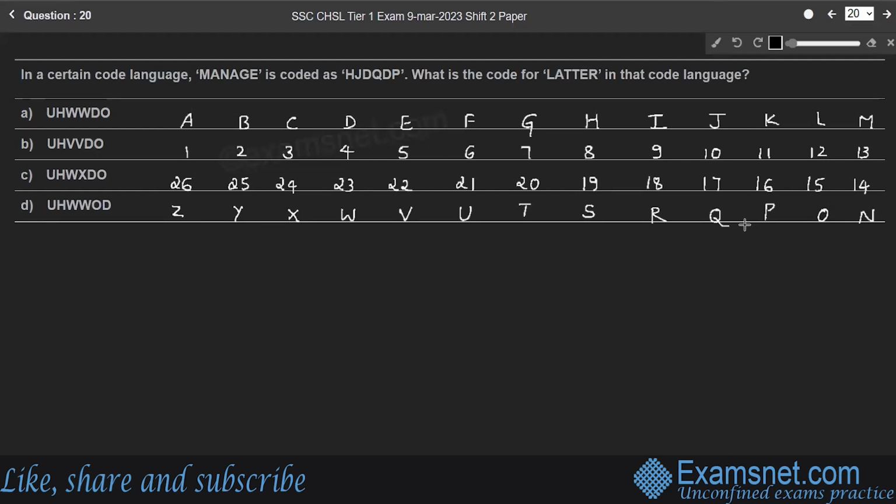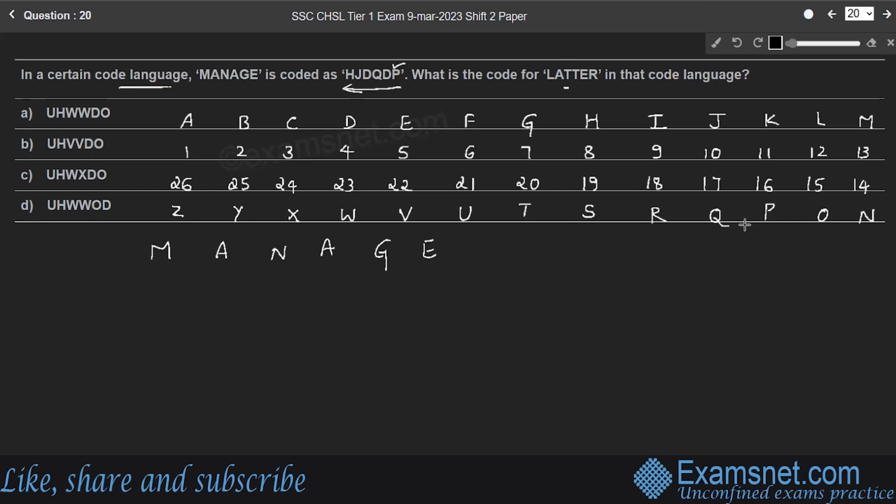Question 20. In a certain code language, MANAGE is coded as HJDQDP. What is the code for LATTER in that code language? Here, students, MANAGE is written as M-A-N-A-G-E. Here M is coded as P, so this code is written in reverse manner.